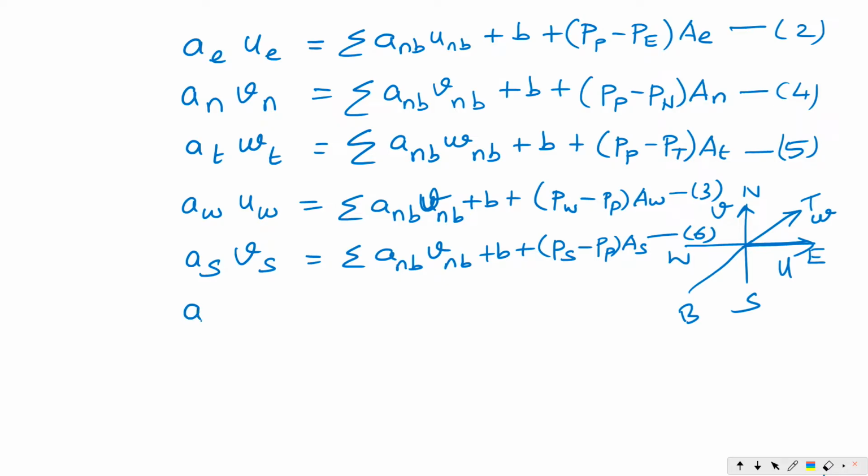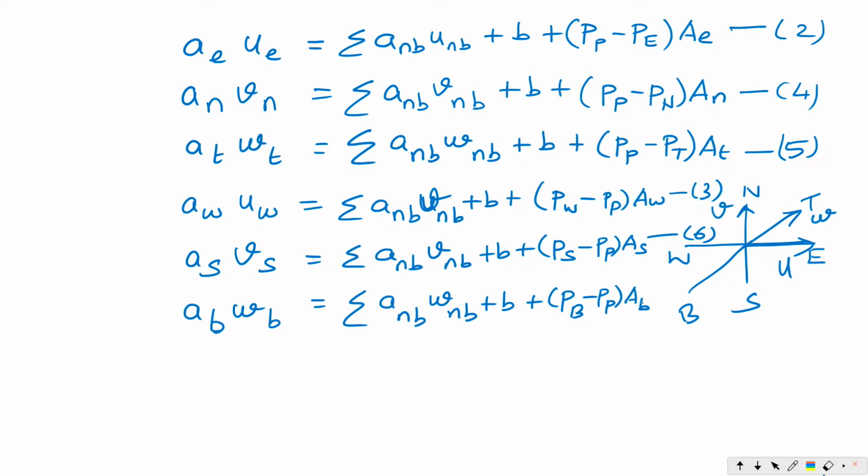Then we can call this the bottom, wb. We already have top, wt; here ab wb will be equal to sigma of anb, instead of v we have w, because in the z direction we have the w component of the velocity. So anb wnb plus b plus pb minus pp of ab.